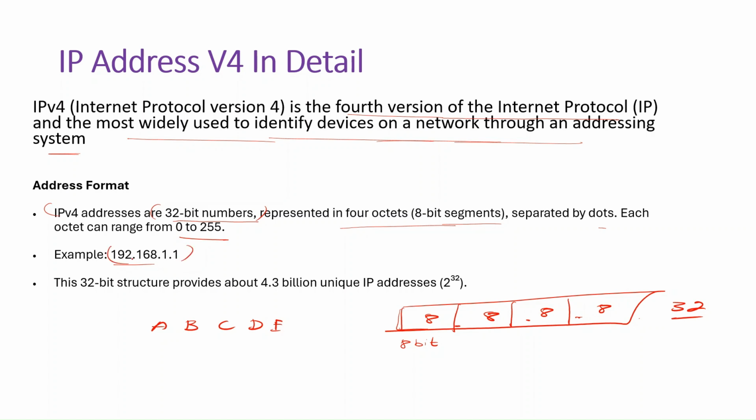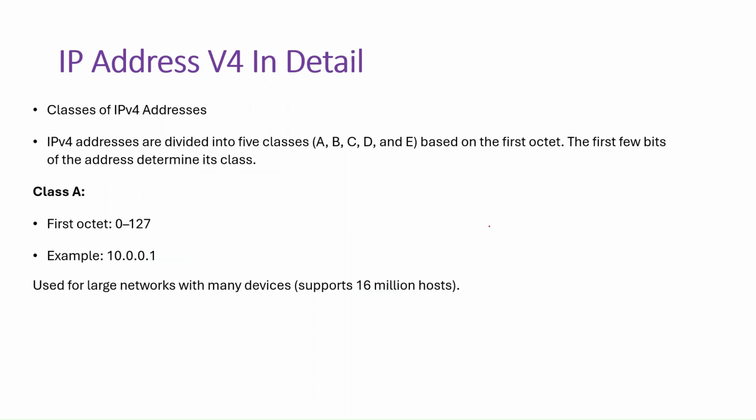Here you can see it is separated by dots. IPv4 is capable of providing 4.3 billion unique IP addresses. When it comes to IPv4 in detail, we have classified it into A, B, C, D, and E.